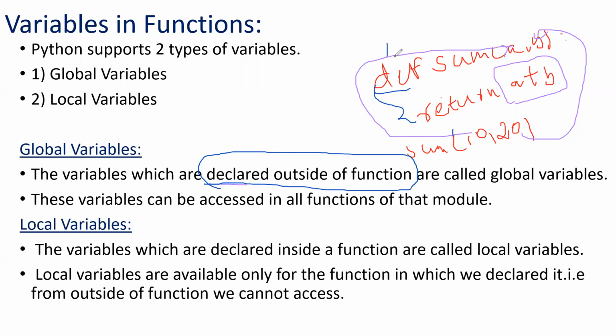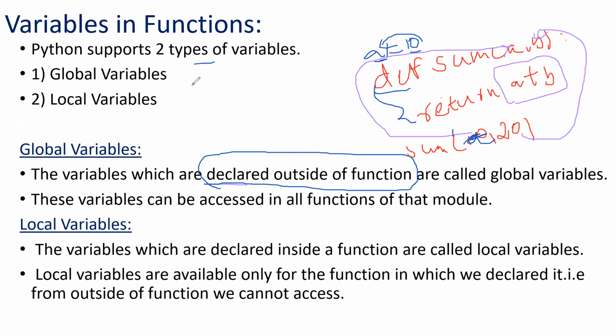For example, if I assign a equal to 10, right? Instead of this one, let me take a. I am not using this function, but outside of the function, I am assigning a value to the variable. This can be accessed by every piece of code in the program.